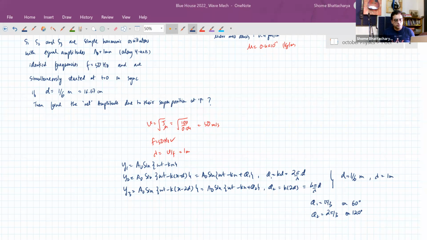So now when we are doing the phasor addition of these waves, we can just use a phasor diagram.